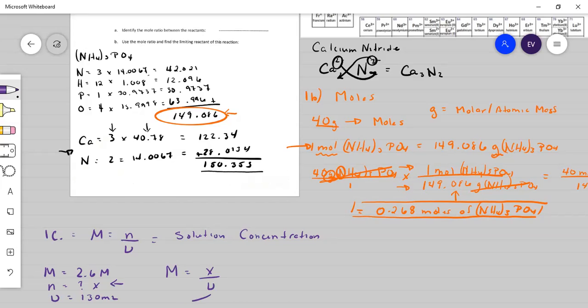So how do I get V over here and get n by itself? Well, I multiply both sides by volume. So to find the number of moles, I take my volume and I multiply it by my molarity.